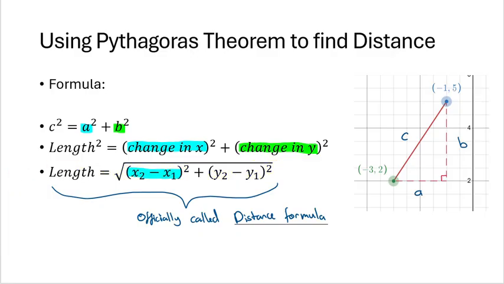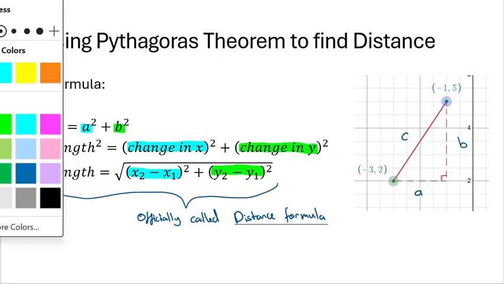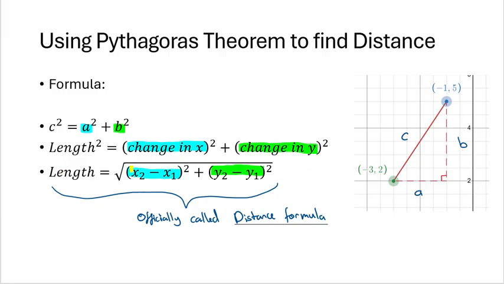So the change in x is in blue, and the change in y is y2 minus y1. And the actual official formula is this: length equals the square root of (x2 minus x1) squared plus (y2 minus y1) squared. This is the actual formula that you are using right here. This is all you need.